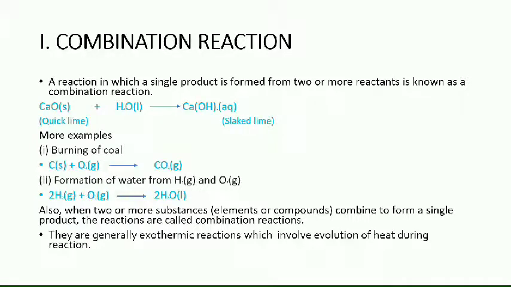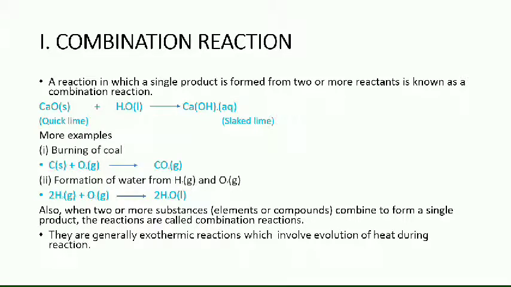Next, some more examples of combination reactions. First is the burning of coal. The chemical formula of coal is carbon, and when carbon burns or reacts with oxygen, it forms carbon dioxide. Here also carbon and oxygen combine to form a single product, carbon dioxide. Next is the formation of water from hydrogen and oxygen gas.